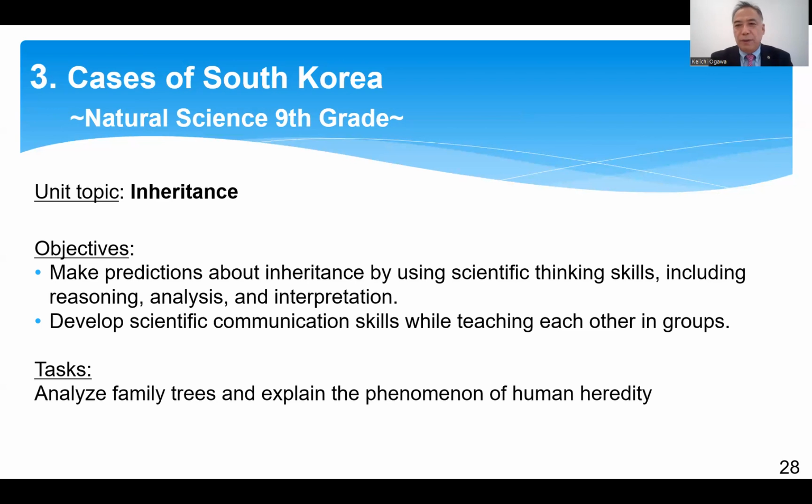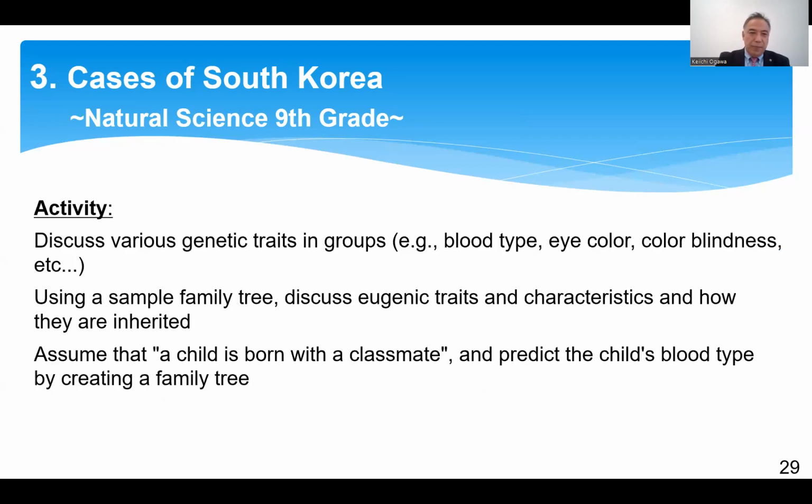Here is an example: natural science, grade 9 in South Korea. The unit topic is inheritance. The objective is to make predictions about inheritance by using scientific thinking skills, including listening, analysis, and interpretation, and to develop scientific communication skills while teaching each other in groups. The task is to analyze family trees and explain phenomena of human heredity.